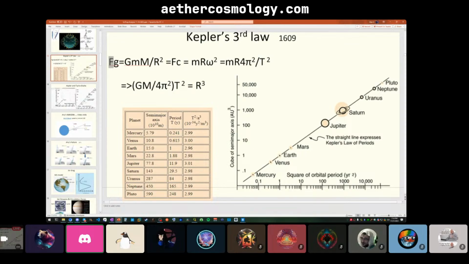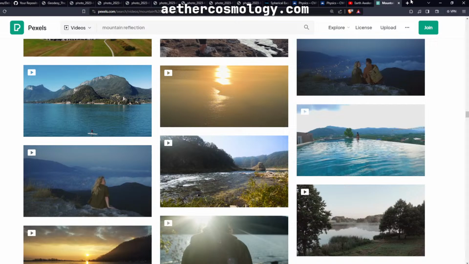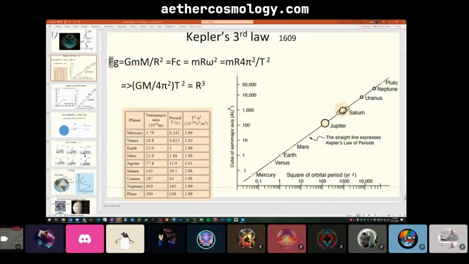Let's apply it to the other planets. They used Newton's law and Kepler's law and other laws to decide what the little m is in the equation. Big M, of course, is always the sun.